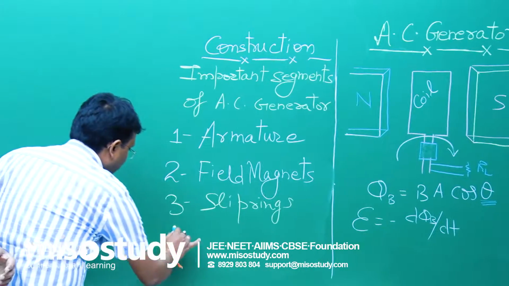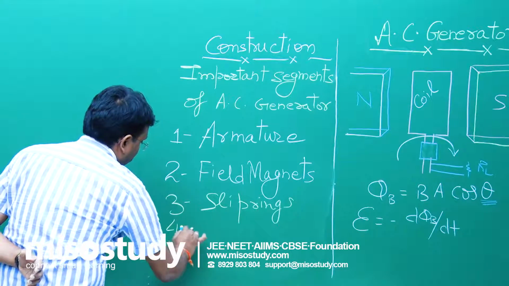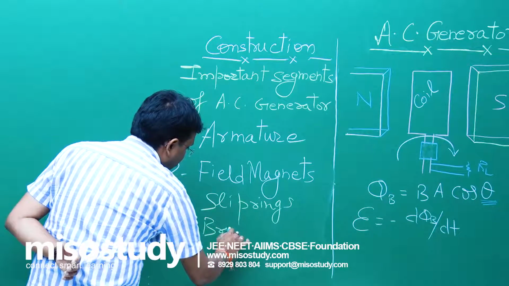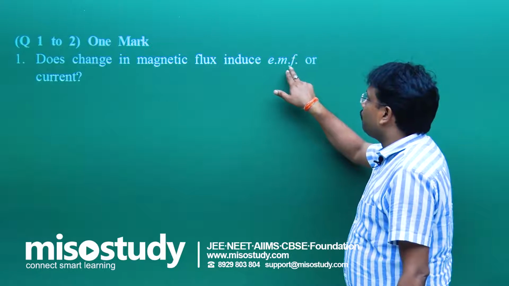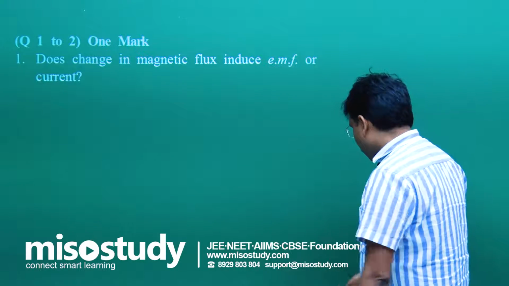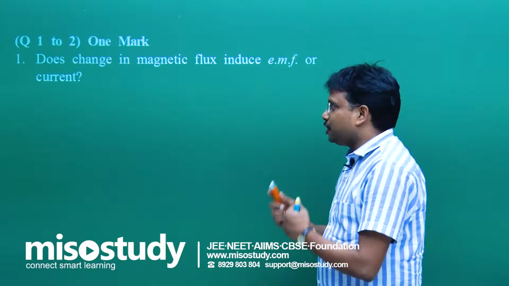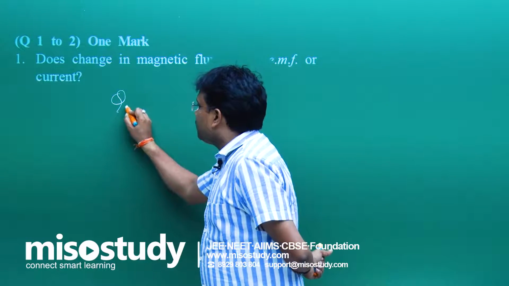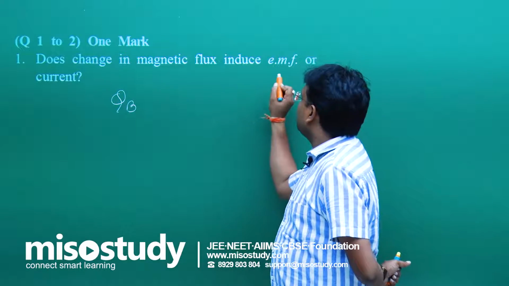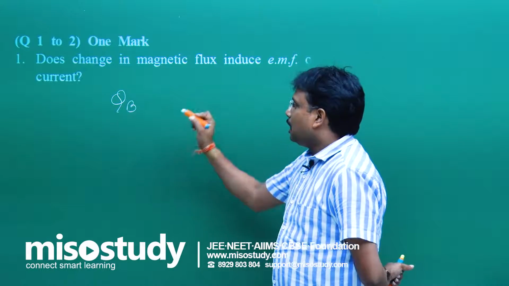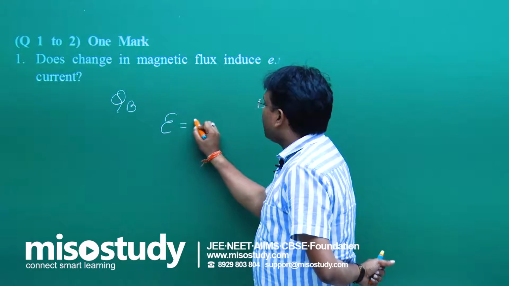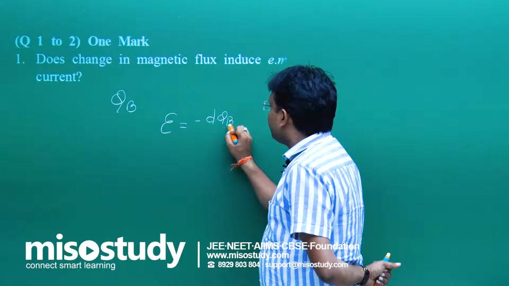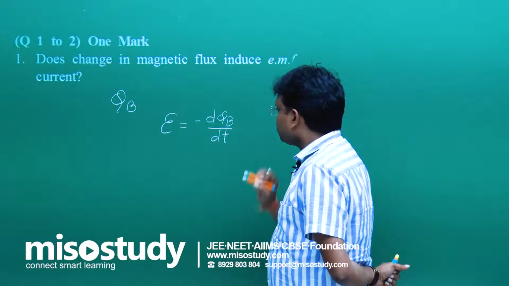Then fourth one is brushes. Now, does a change in magnetic flux induce electromotive force or current? It is a confusion in the mind that flux change, that is phi B, basically gives me EMF or current. So, simple, till now we learned that induced EMF is equal to minus d phi B by dt, fine.